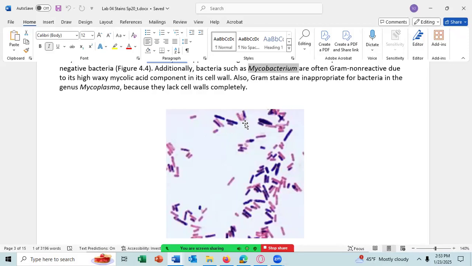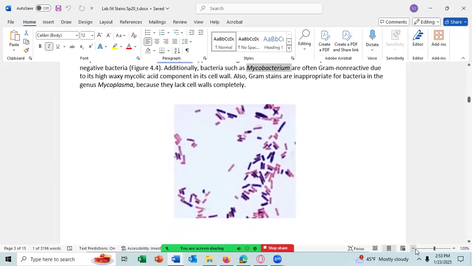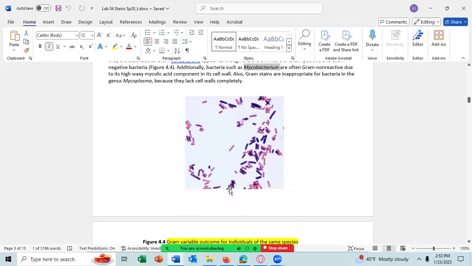So my point is this preparation is an old preparation, and these gram-negative cells are probably dead cells. And then the gram-positive cells are the viable living cells. And that's why this preparation is staining both gram-negative and gram-positive, because some of the cells are dead and some of the cells are alive.